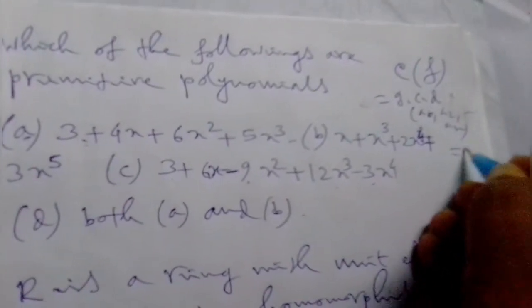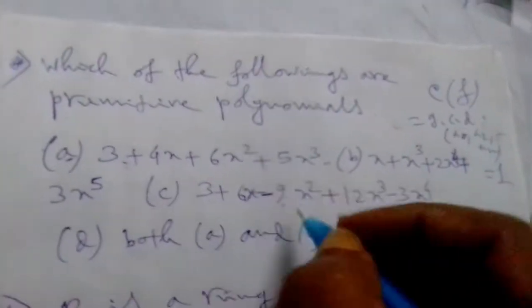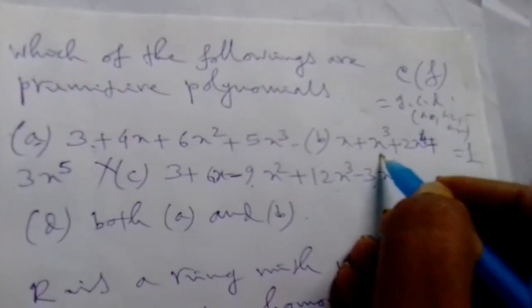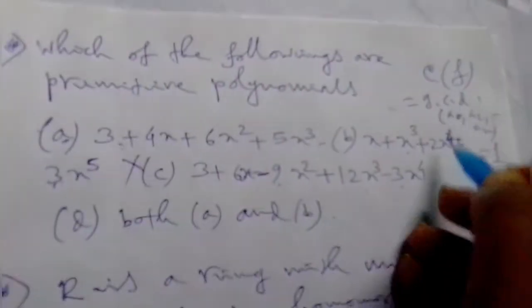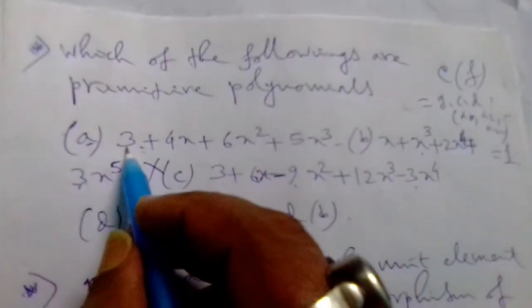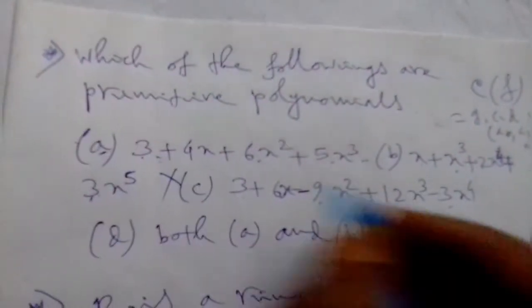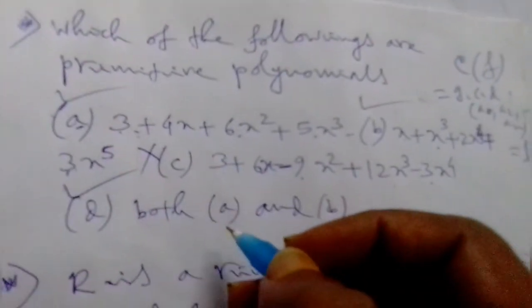If GCD is 1, we declare it as primitive, so it is not. Second option, 1, 1, 2, 3, obviously it's 1. First option, 3, 4, 6, 5, it's also 1. So all these results are true.